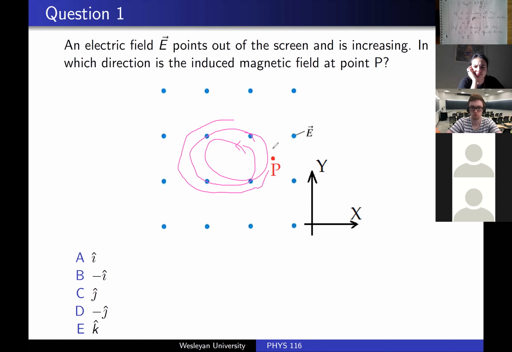I've drawn them as sort of circular, but the idea is that they circulate counterclockwise. And so at point P, which is to the right of the center, the tangent of these curves will be pointing pretty much straight up.